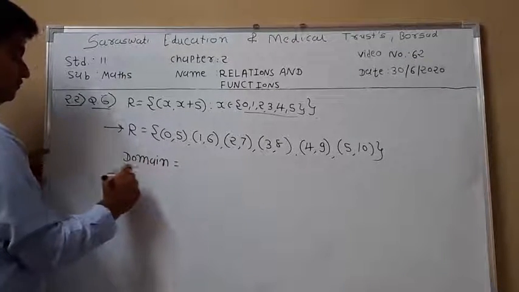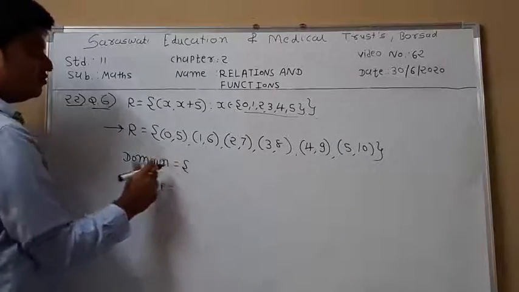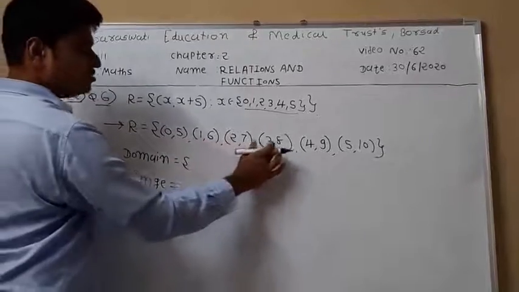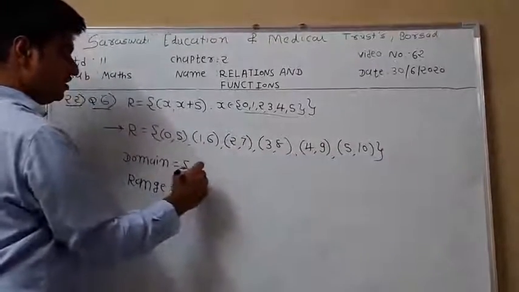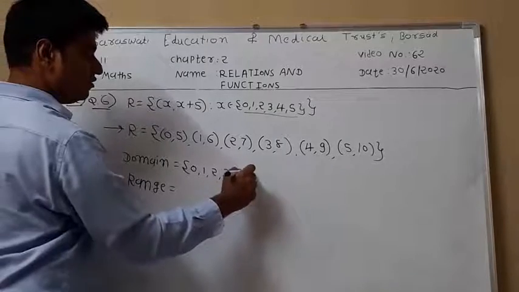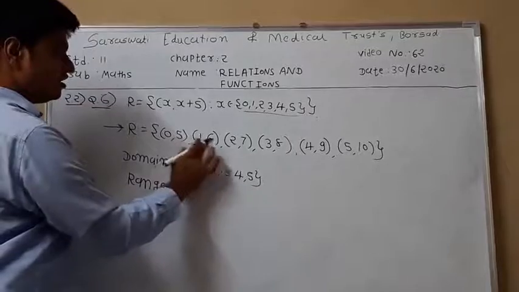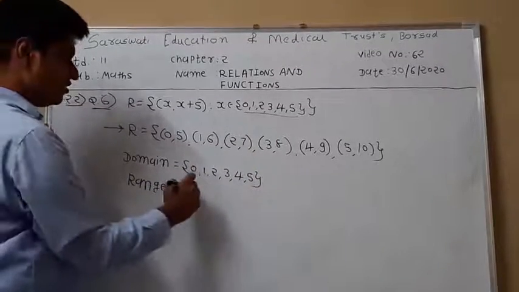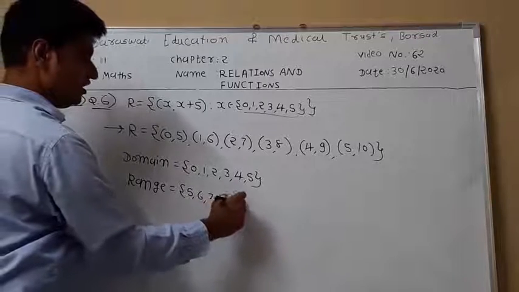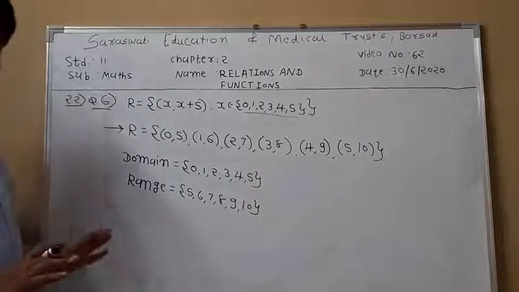So domain is equal to which elements can we write? The first elements in these ordered pairs. So our domain is 0, 1, 2, 3, 4, 5, set over, and our range is the second elements of these ordered pairs. So 5, 6, 7, 8, 9 and 10 is our range. Clear? Okay.